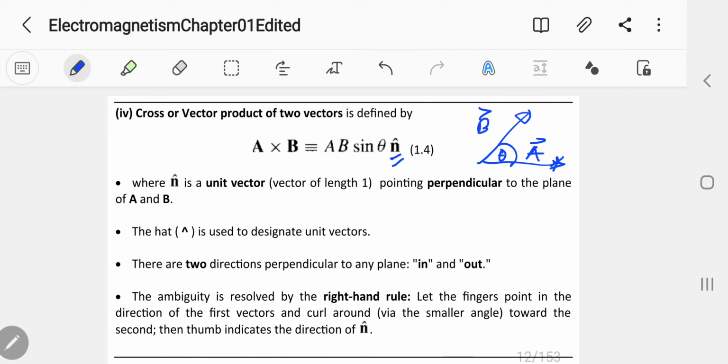So N can be directed to the positive x-axis, or negative y-axis, or negative z-axis. The hat is used to designate unit vectors here. The unit vector is a vector with magnitude of 1, but the direction is explicit.